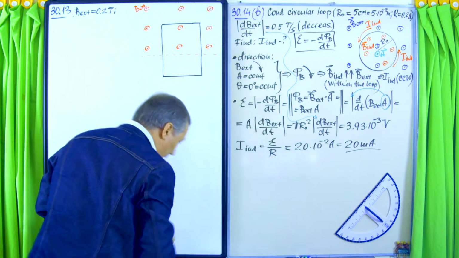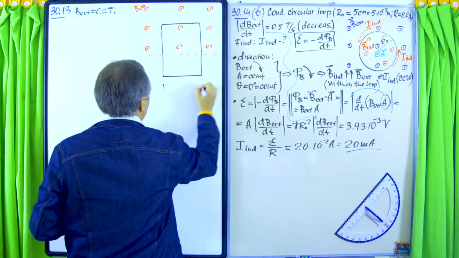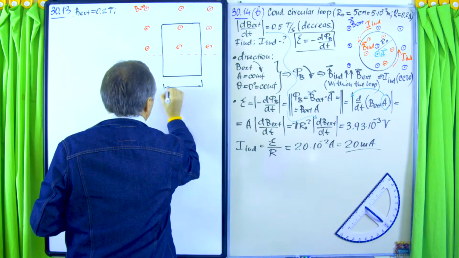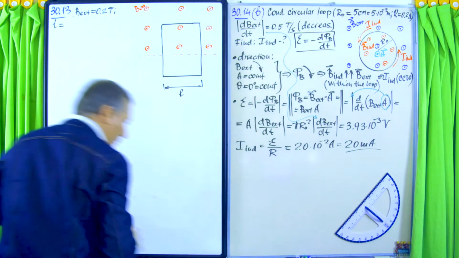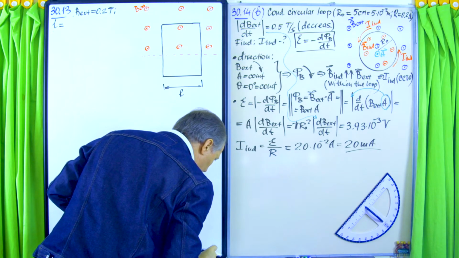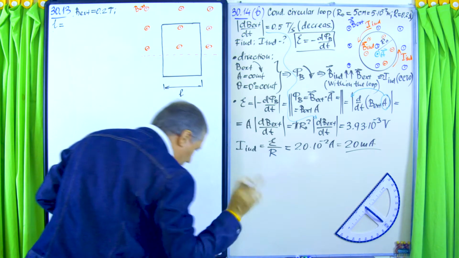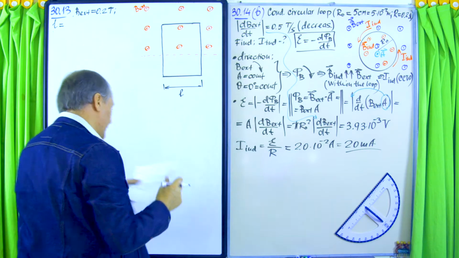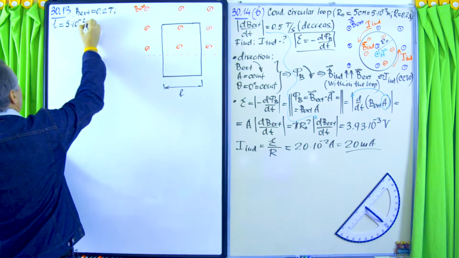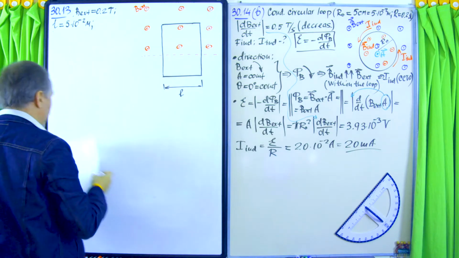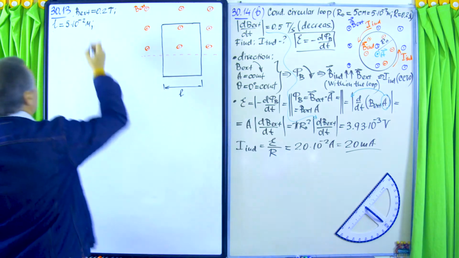So that's my loop, and the width is given. L is 5 centimeters, so it's 5 times 10 to the power of minus 2 meters. Then the resistance of that loop is given.